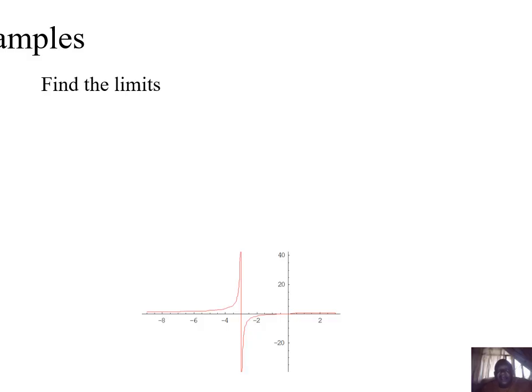This will remain as 3, this will tend to infinity, this is also going to infinity, while 2 is 2. So at the end of the day, 3 plus infinity divided by 2 will still give you infinity. So these are examples of infinite limits.